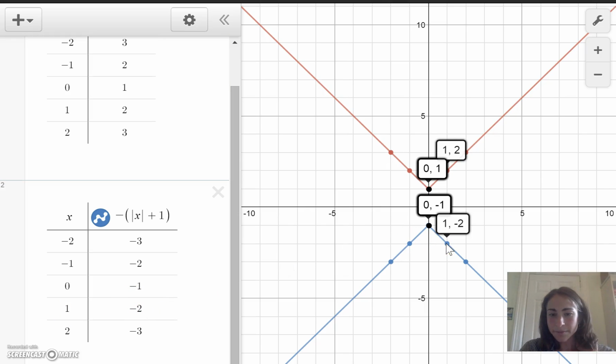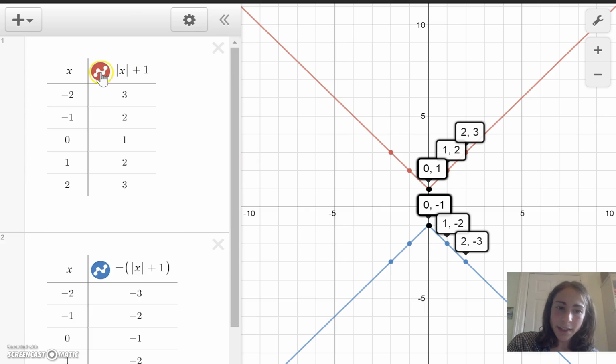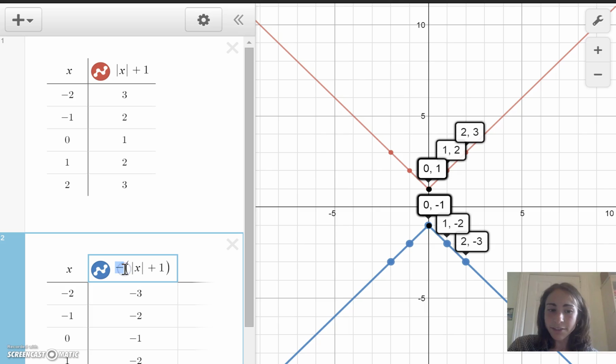We're down here. So in the red function, if we plug in 2, we get 3. On the blue function, what do you expect the y value to be? The -3. So it's very clear that what we're doing is we're taking the original function and we're just taking the negative of it in order to get the blue graph.